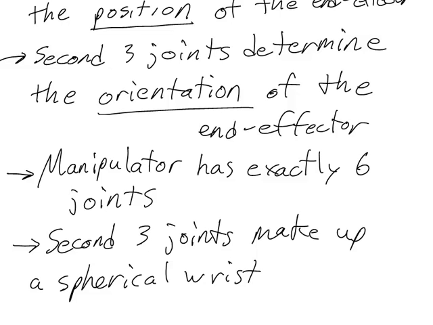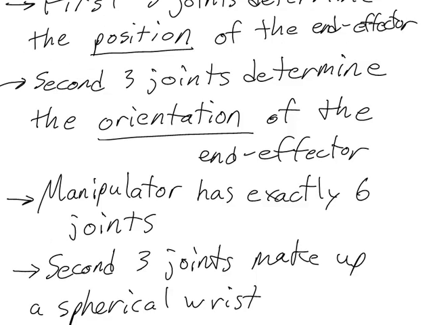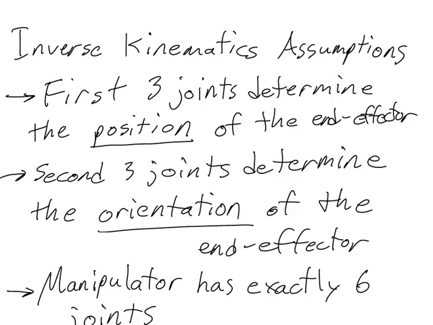And I'll be showing you more in the upcoming videos about what is a spherical wrist and how do we use that to determine the orientation of the end effector. For this video, I'm going to focus specifically on how we do the position part of the inverse kinematics problem.